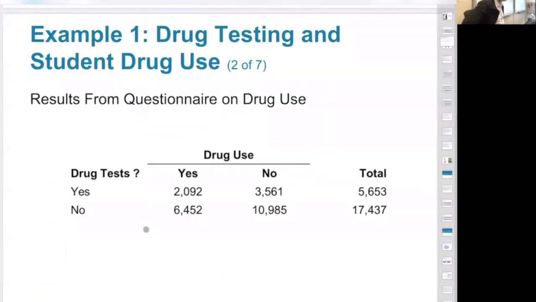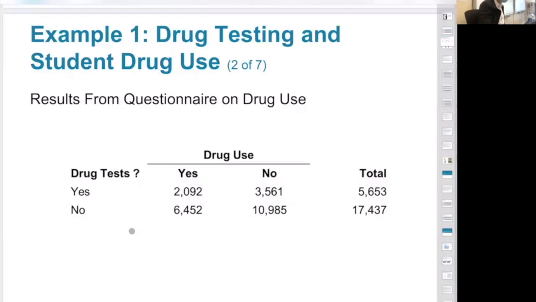As you can see, we have here two variables, the drug tests and the drug use. Of course, the drug tests come from the school: the school does the test or doesn't. So we have yes or no. The drug use comes from the questionnaire. The student will tell us yes or no, whether they use drugs.